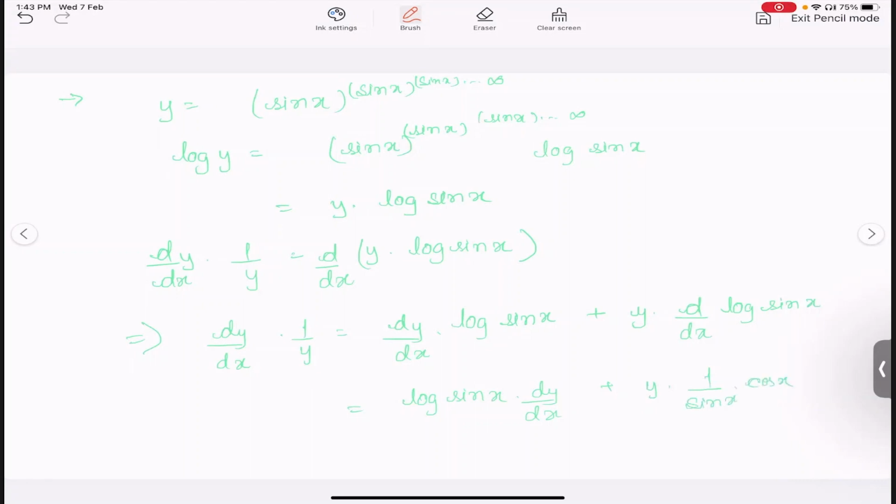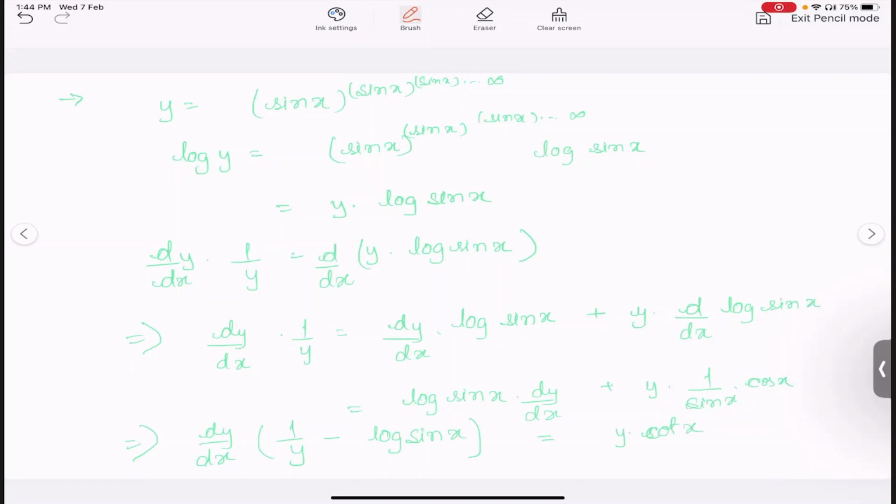What we'll do, we'll put the dy by dx terms on one side. So dy by dx times (1 by y minus log of sine x) will be equal to y times cot x.